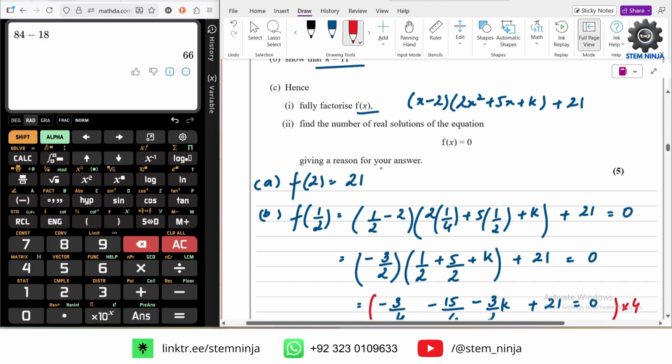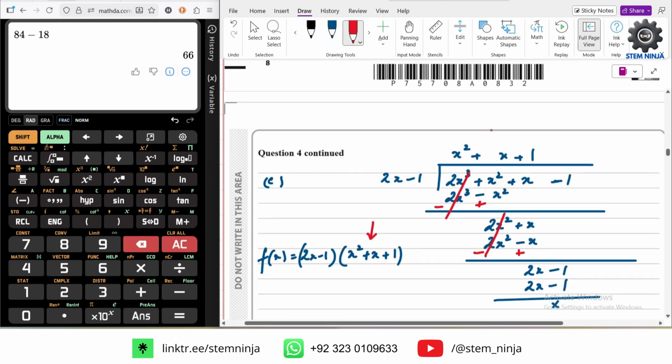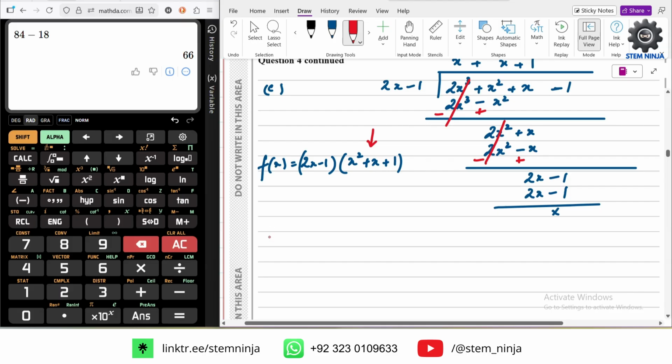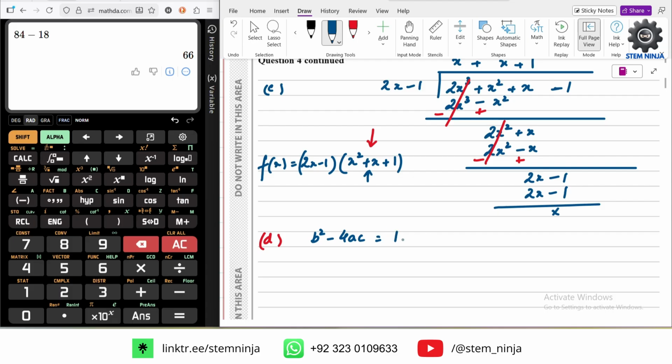Right, okay. Hence, find the number of real solutions of the equation f of x equal to 0, giving the reason for your answer. Okay. So since this part has no real solutions, you can find the b squared minus 4ac for this one, right? So this is 1 minus 4. This is negative 3, less than 0.